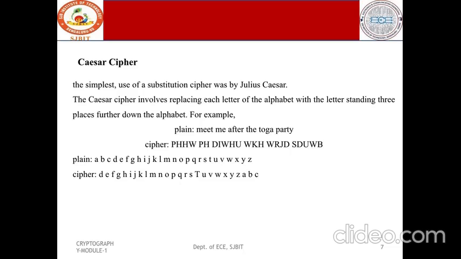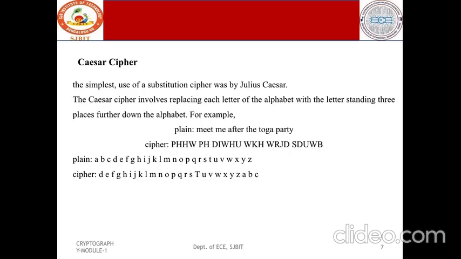As an example, we can consider the plain text "meet me after the yoga party" and its ciphertext is PHHW PH DIWHU WKH BRJD SDUWB.